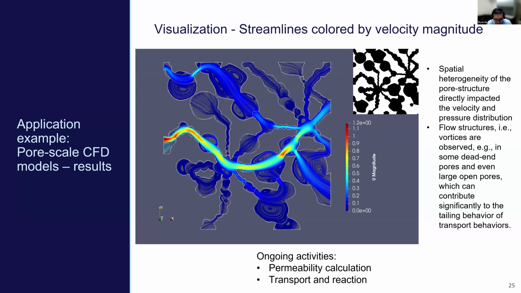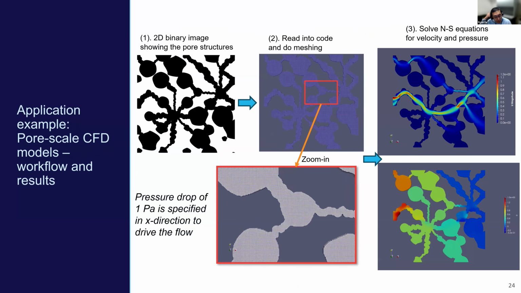So I think I understand your question. You want to see how the diffusion impacts the whole flow field. For this type of simulation, we are solving the Navier-Stokes equation, which includes the diffusion term on the right-hand side of the equation.